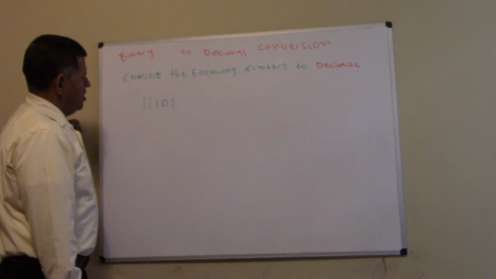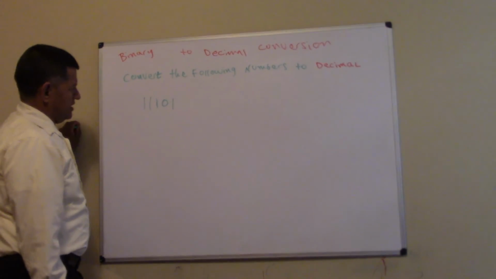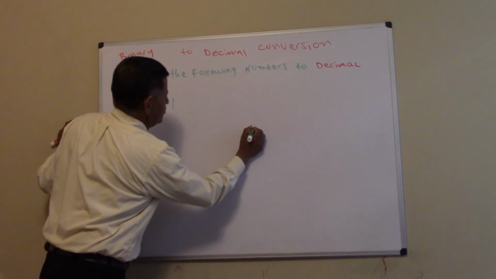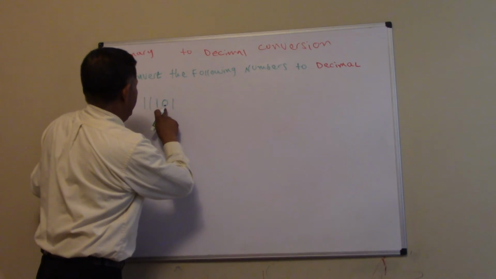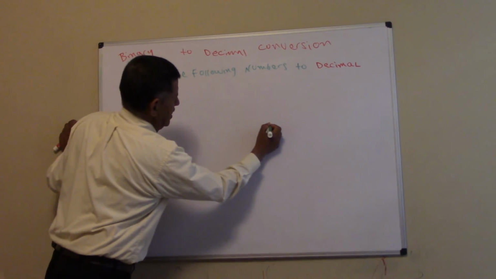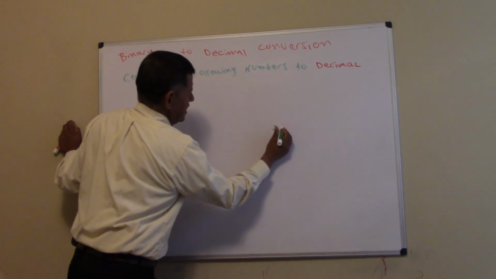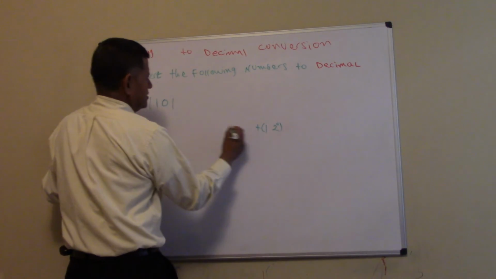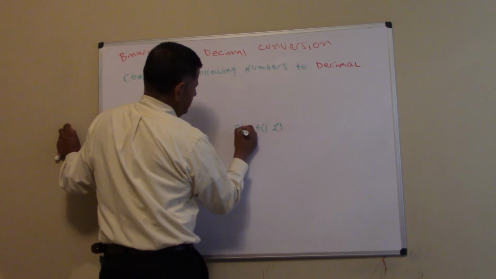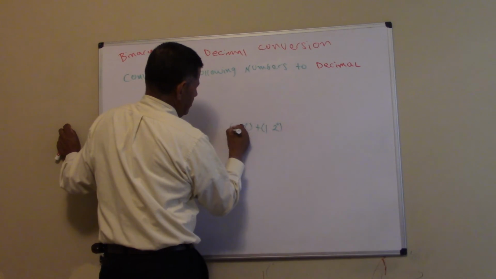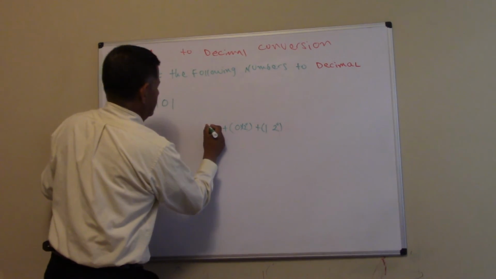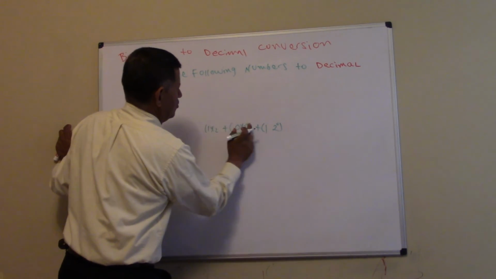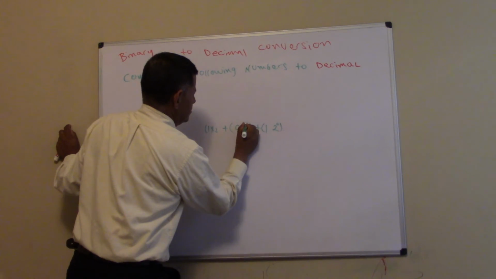We'll see what we get. So let's do it. Here I do 1 times 2 to the 0 power, and then I got 0 times 2 to the power 1.